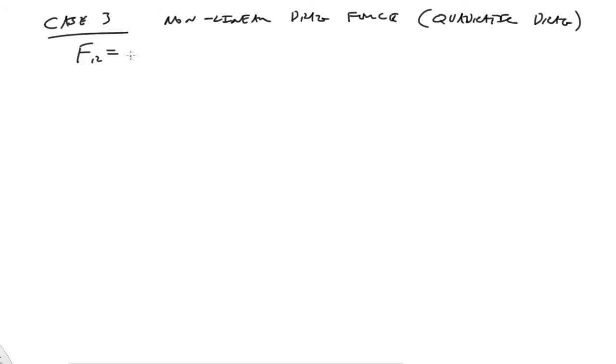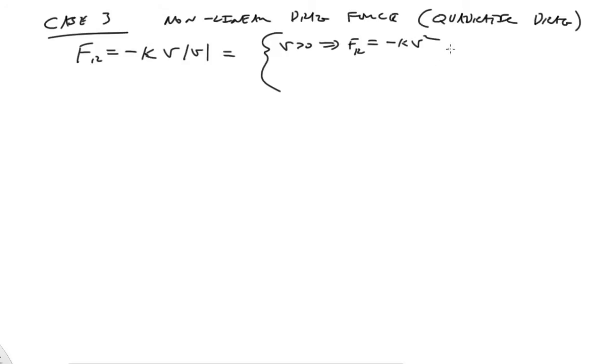We're going to have negative k, again some drag coefficient, times v times the absolute value of v. I can write this in a different form: if v is positive, then it implies that FR is equal to negative k v squared.